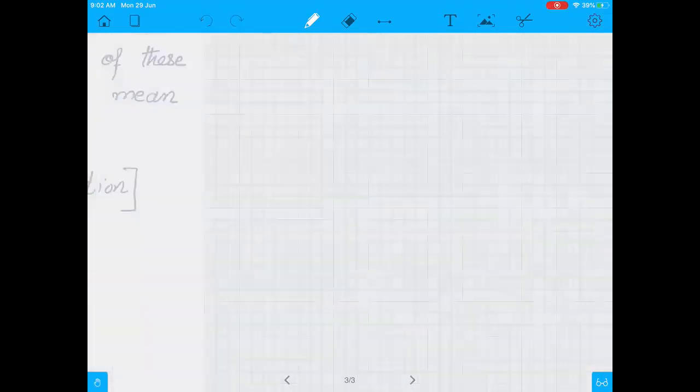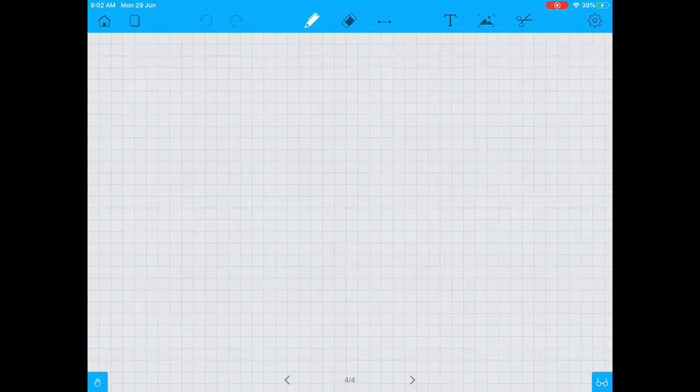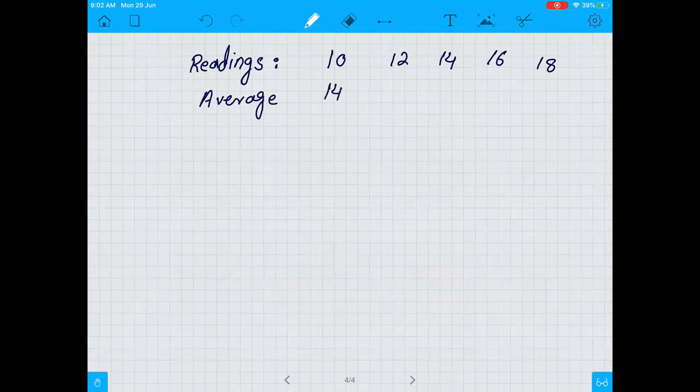We are taking simple values so that we are able to understand the concept. The readings were 10, 12, 14, 16, and 18. The average was 14.